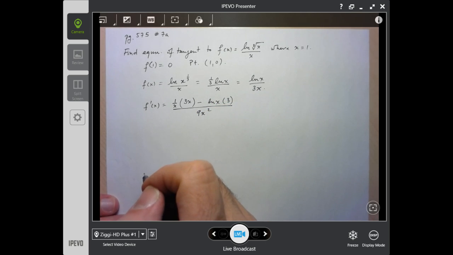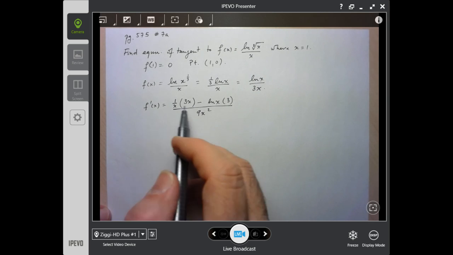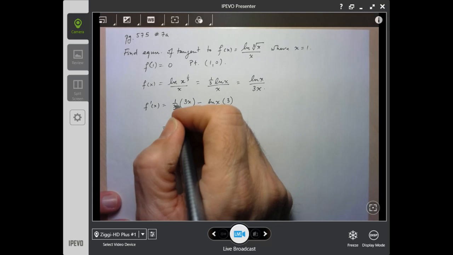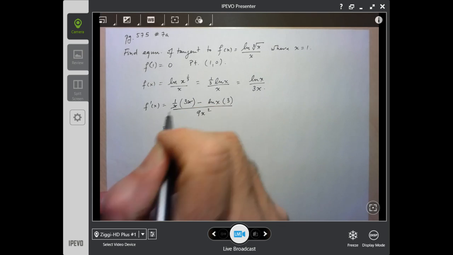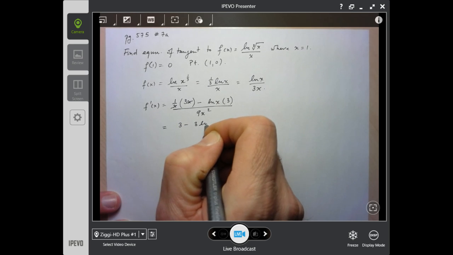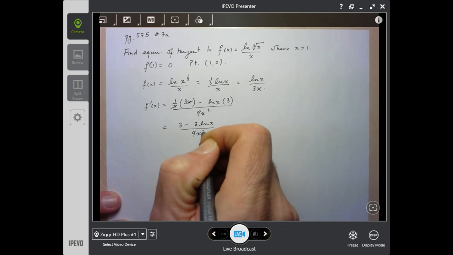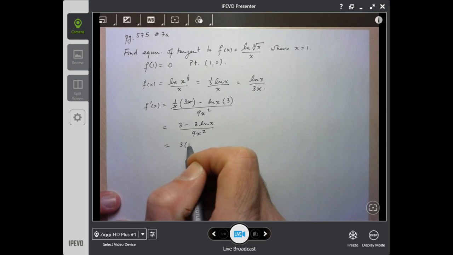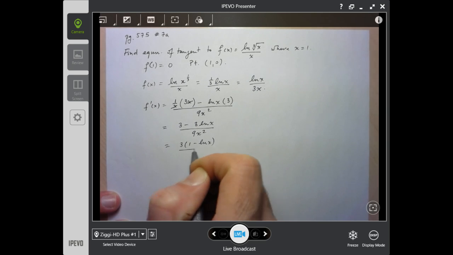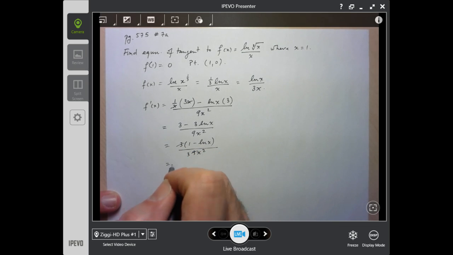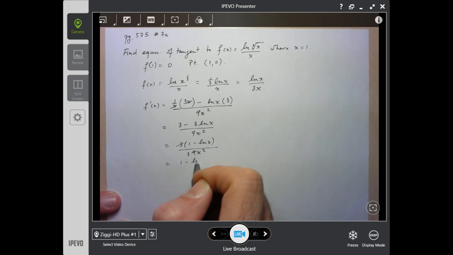All right. So here, I could just stick x equals 1 into here, but let me just simplify to show how this can be written quite nicely, because I see the x in the denominator and the x in the numerator cancel out. So I've got 3 minus 3 ln x over 9x squared. And I could also factor out the 3 here, and I'm just left with 1 minus ln x all over 9x squared, and then these reduce to end up with 1 minus ln x all over 3x squared.